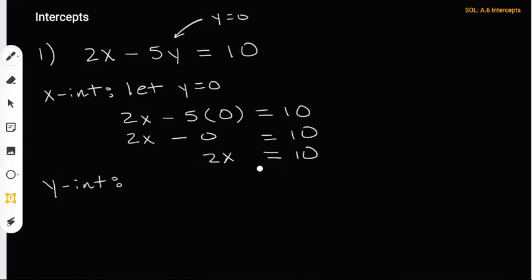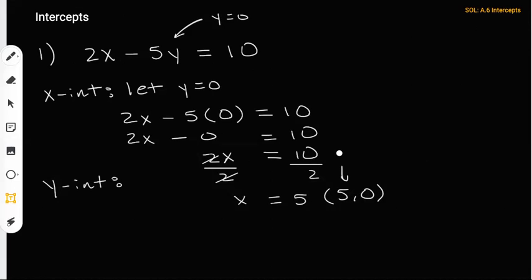And then the last thing that you want to do to get x by itself is to divide both sides by 2. So that's going to cancel out the 2's on the left side. And then on the right side, I have 10 divided by 2, which is going to be 5. So since x equals 5, we're going to get the point 5 comma 0.